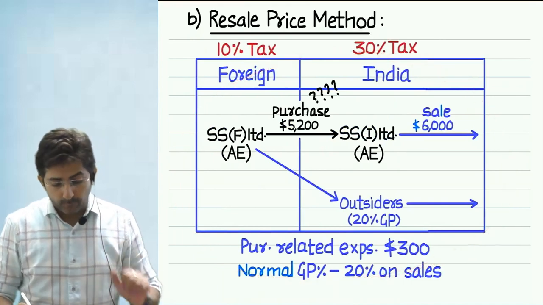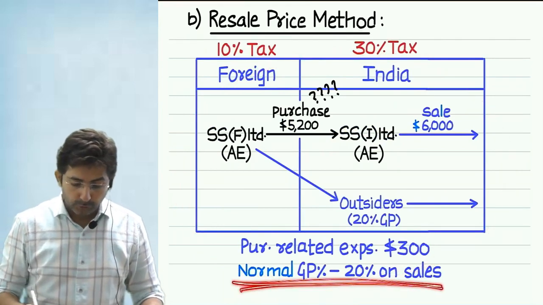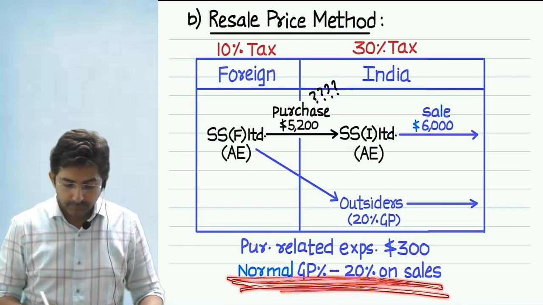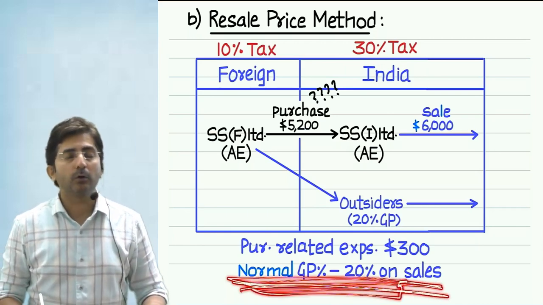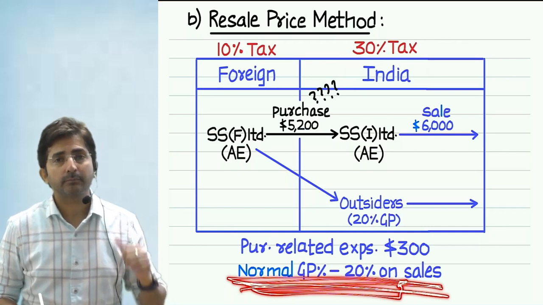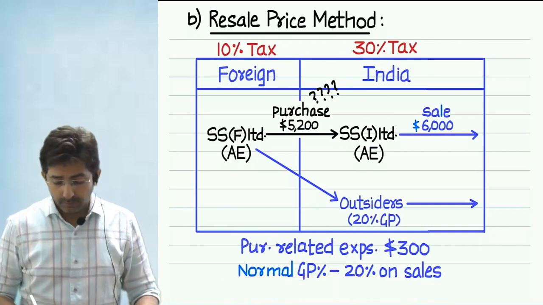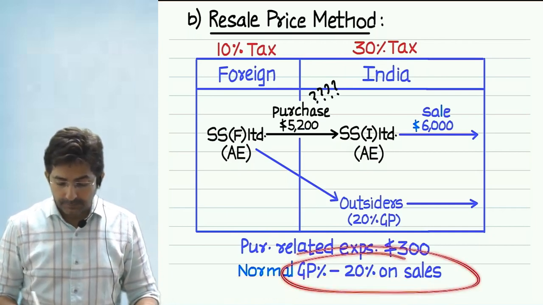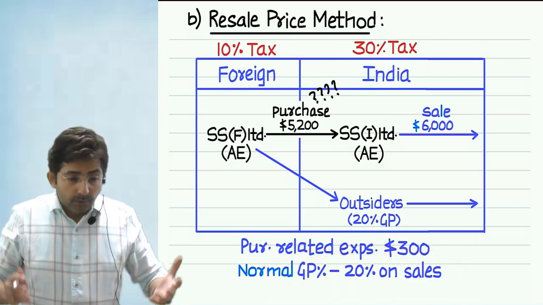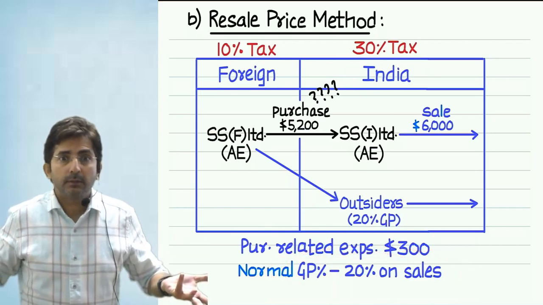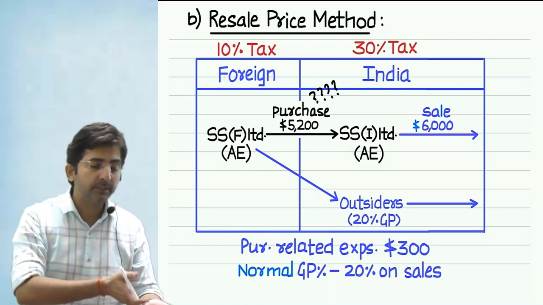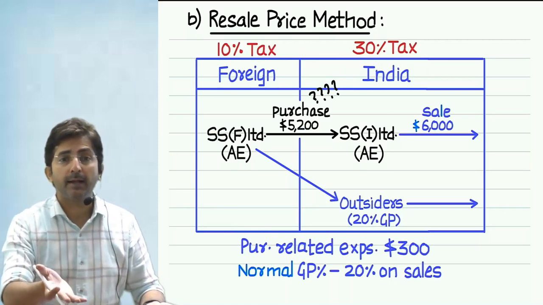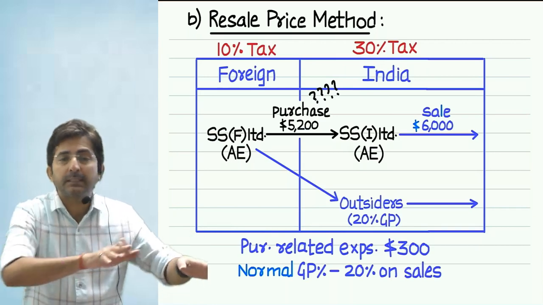See, you might wonder, how do we come to know this 20% on sales? Yes, in real life, these things are challenging. What is challenging in real life? That GP margin, 20%. For that, we have to do research, and such research is done by the Big Fours: KPMG, Deloitte, PwC, EY. They have their own team of transfer pricing.